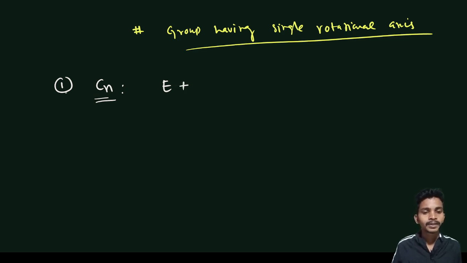So E must be present in every group. And what other elements should be present? Cn is present, and if Cn is present, that means Cn1, Cn2, up to Cn^(n-1), and only this.